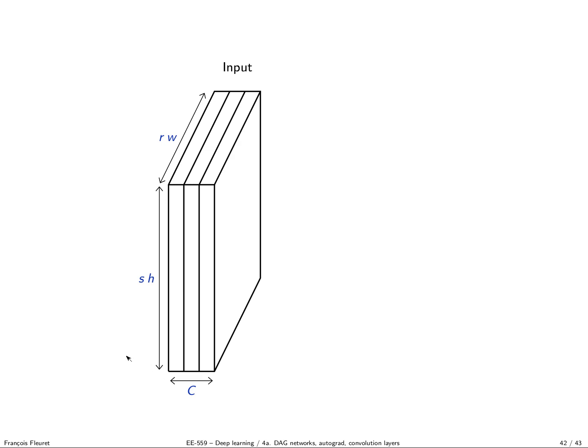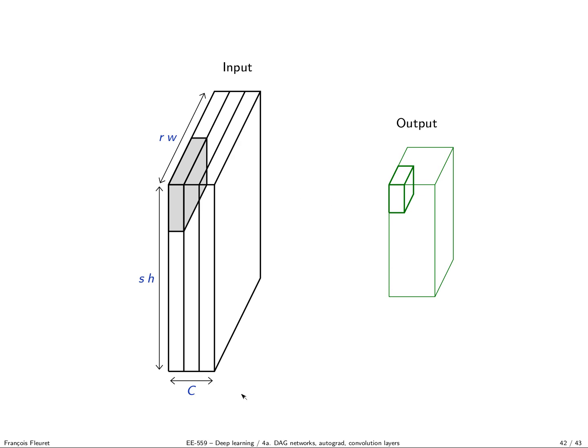Now max pooling over a 3D tensor. Here, channels are processed separately, so it's not like a convolution. We are really maintaining the number of channels. What we do is simply that we take the max over a little block and we do it again. The fact that we keep the channels separated is the same argument that relates to the reverse conclusion for convolution.